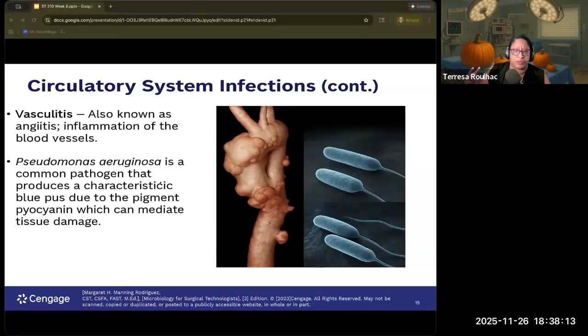Infections from Pseudomonas aeruginosa have to be identified and treated quickly, especially in our patients that are already immunocompromised, our burn victims, and patients with like implants or catheters. Now, for us, we need to just recognize the signs because it is a dangerous infection that is caused by like Pseudomonas. And we have to understand how blood vessel inflammation affects just our patient surgical healing and their outcomes.